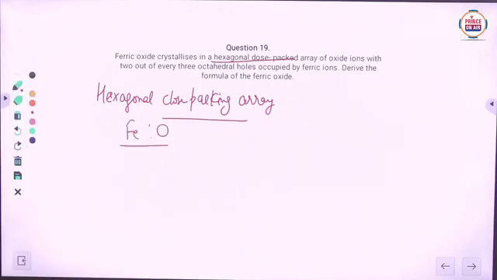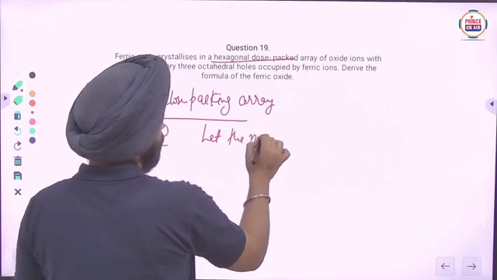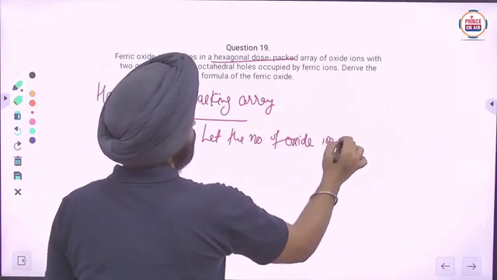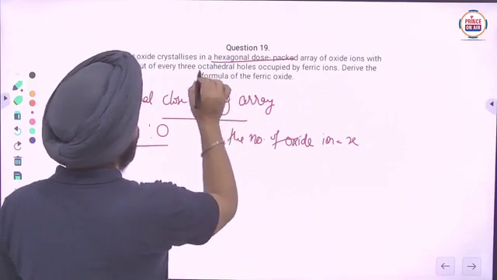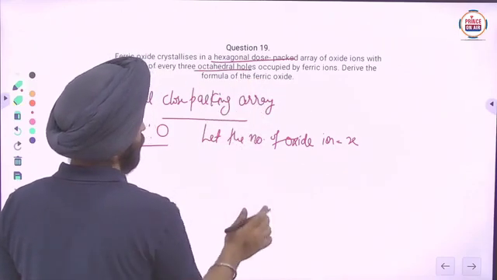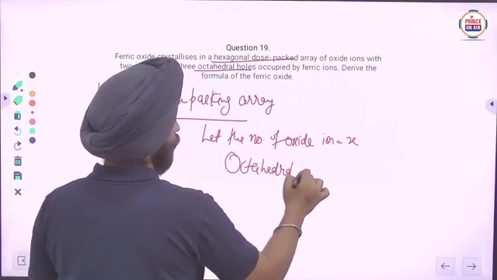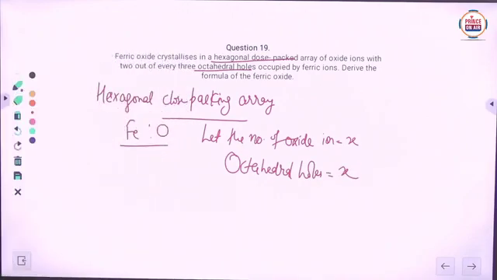Let the number of oxide ions be x, and in that case the octahedral holes will also be x.